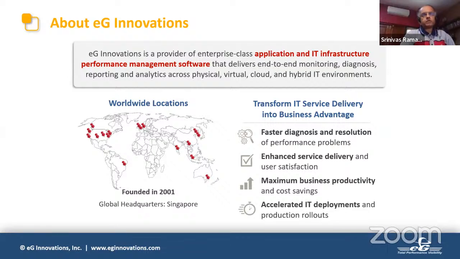We have been in this business for about 21 years now. Headquartered out of Singapore, the company has sales and support offices across the world. Our latest sales and support office is in Indonesia.